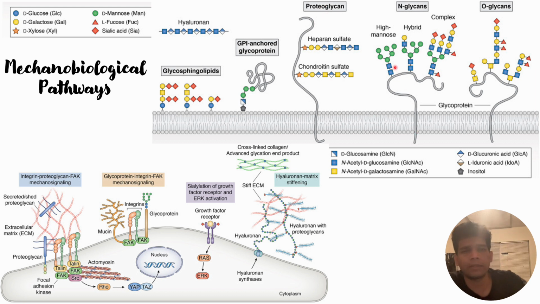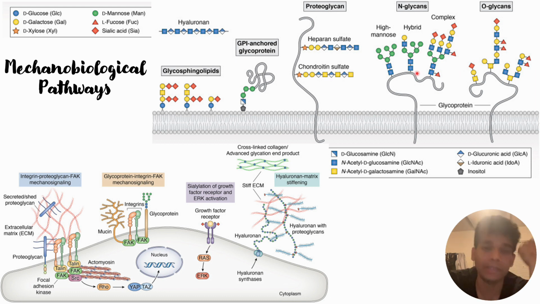The next major post translation modification, one of the major glycosylations that occurs in mammalian cells, is the N glycans, and there are different kinds of N glycans. Out of these, the first pentasaccharide is common in N glycans, that we can see here: 2 N-acetylglucosamine monosaccharides and 3 mannose monosaccharides.